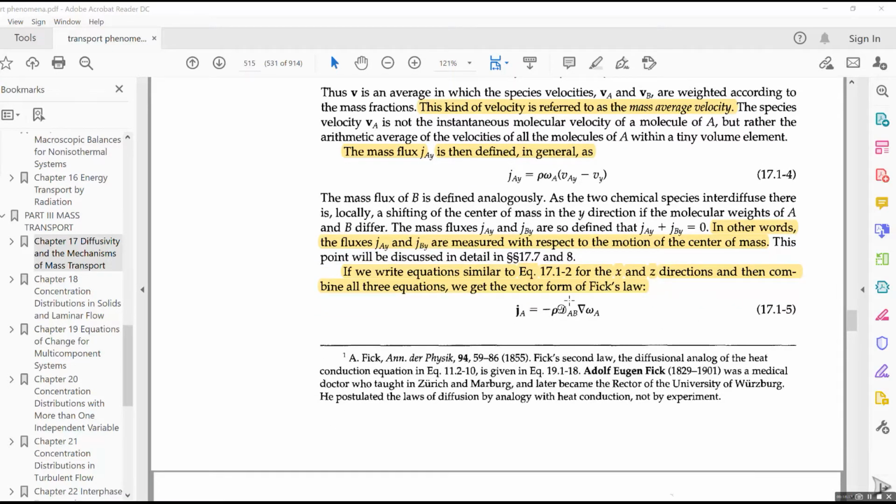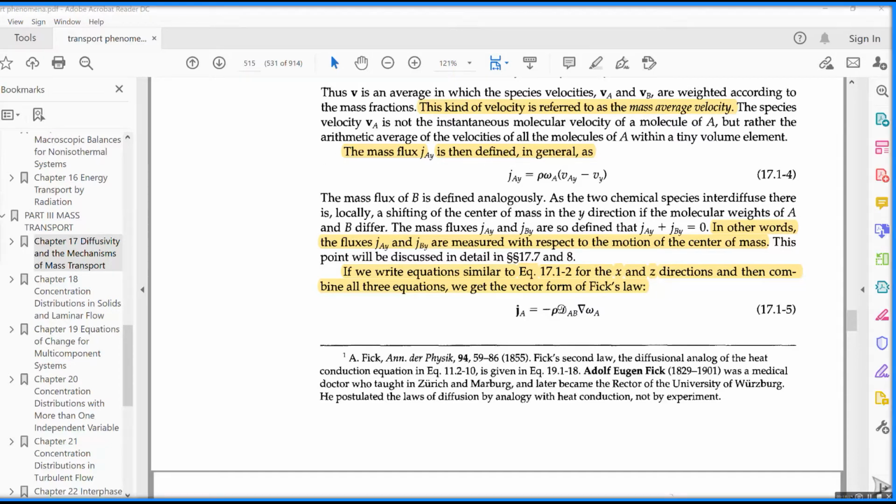So far we have defined our species flux JAy, for example, in just one direction, the positive y direction.